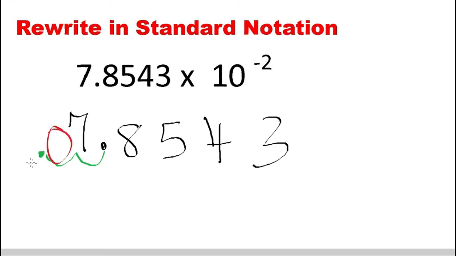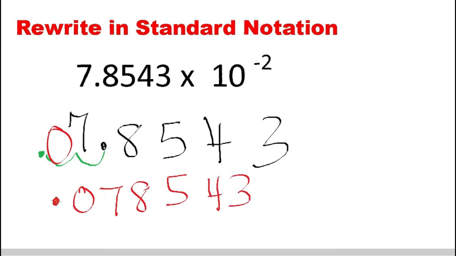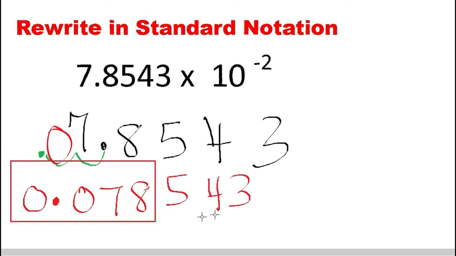And so when we write this out, we have 0.78543, but we never start off with a decimal, so we always put a 0 right in the front here, and that would be your final answer. So if that's the answer you got, give yourself a round of applause.